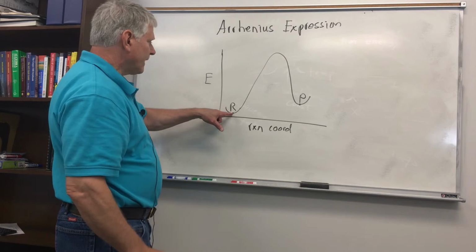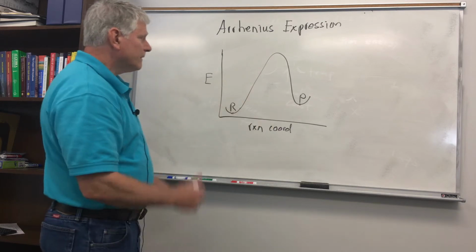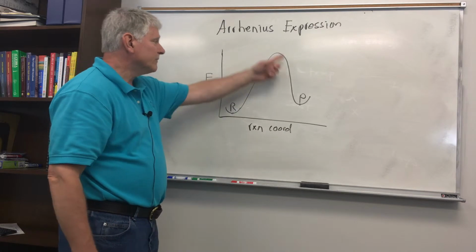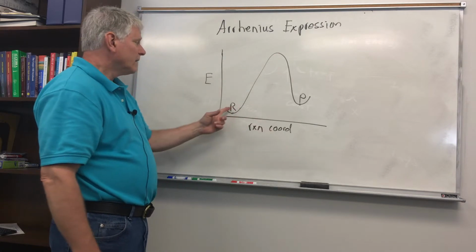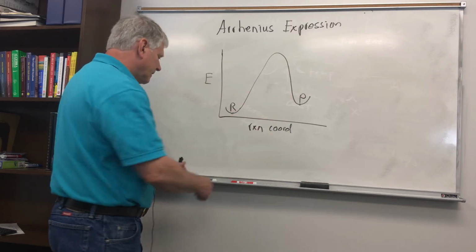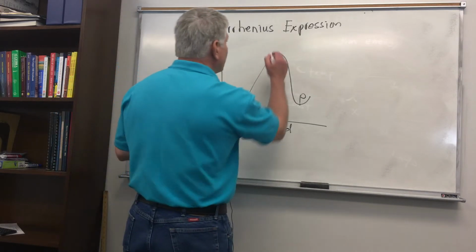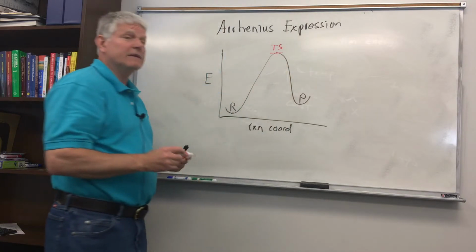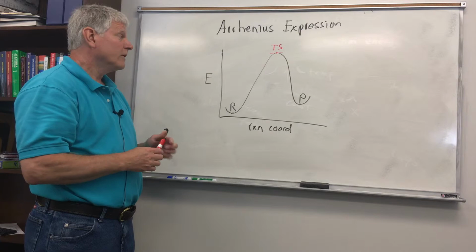This is called a potential energy surface. It's just the energy as a function of the reaction coordinate between reactant and product. And here at the very top is called the transition state structure.